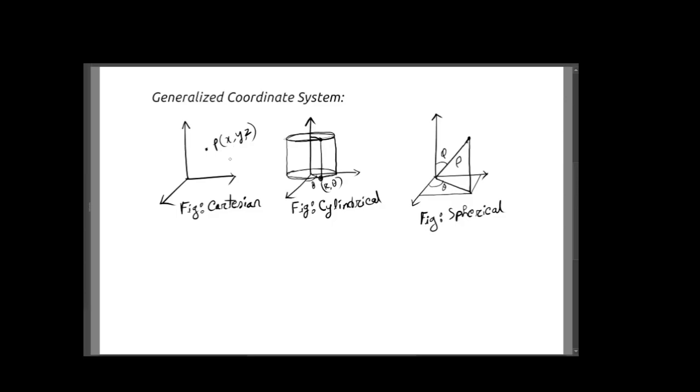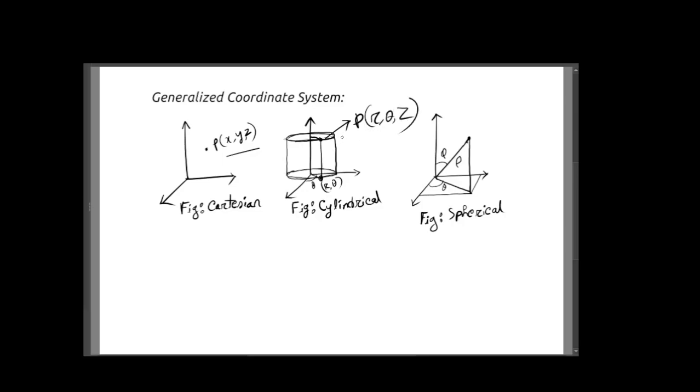Let's consider a particle P existing in the Cartesian coordinate system, and the components are x, y, z. To specify the particle position in cylindrical coordinate system, we can represent that position with r, theta and z.